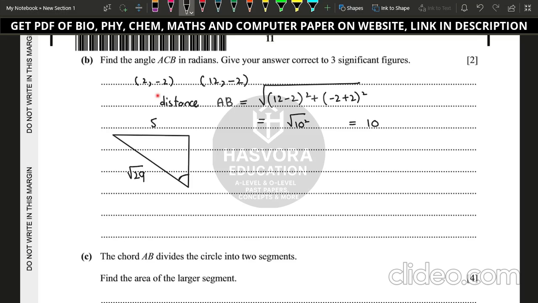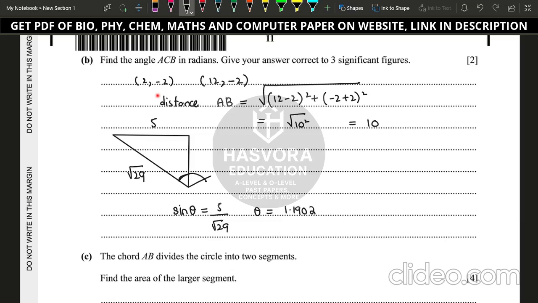Okay, and now sine theta is equal to 5 over under root 29. Let's see what theta comes out to be, and make sure your calculator is in radian mode. So sine inverse of 5 divided by under root 29 will become 1.1902. Now this is not your final answer, you have the whole angle.